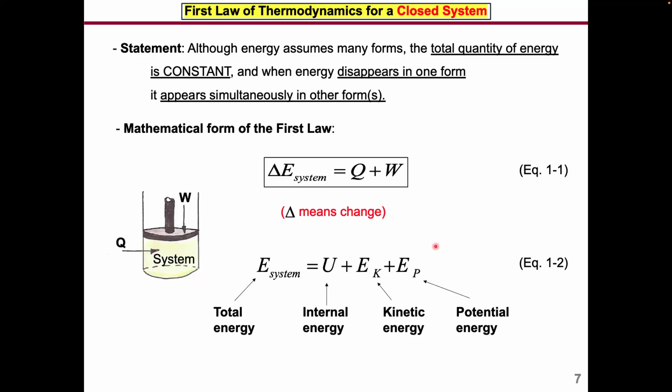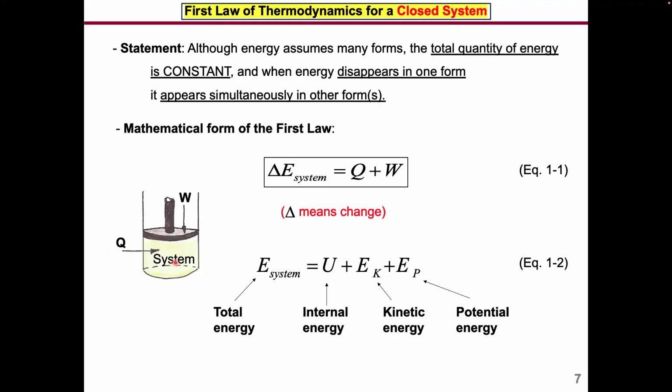And potential energy is, let's say if your system is at a particular height, then you will have some potential energy, okay? So total energy equals internal energy plus EK plus EP. And usually in most chemical engineering processes, these two are negligible. So we only need to consider internal energy. And internal energy is related to temperature and pressure of your system, okay?